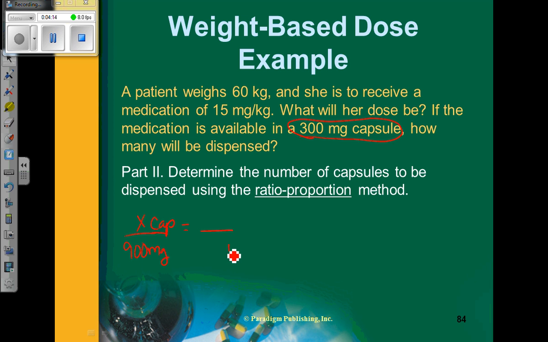So if you have milligrams on the bottom here, you have to have your milligrams on the bottom here. So you have 300, and then per 1 capsule would be on top. You have capsule on the numerator here, capsules over here. So then you do your cross multiplication. X times 300 is 300. 900 times 1 is 900. You can simplify by taking out the zeros if you want. And 9 divided by 3 would be 3 capsules.